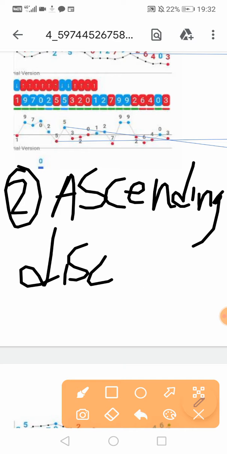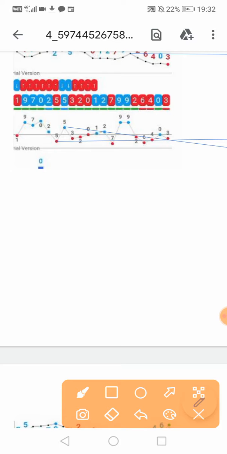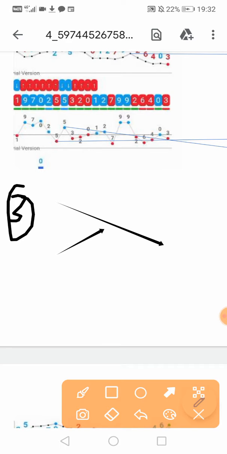After identifying this, you go to number three. Let's say I'm going to give an example. Let's say the blue is decreasing like this. Then when the blue is decreasing, you have your red increasing, going high.